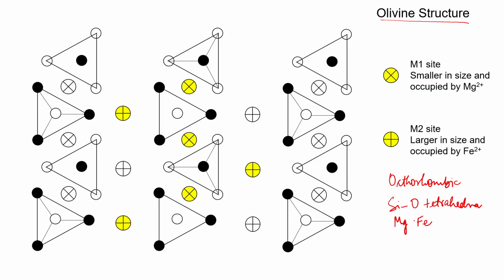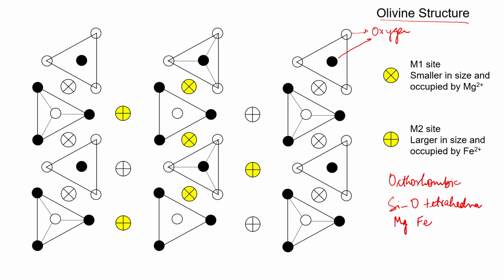And this Mg-Fe is arranged in such a way that each of them has 6 nearest oxygen. So in this figure, the smaller white and black circles represent oxygen. So this is oxygen. This is also oxygen. I have not shown silicon atoms in this diagram.